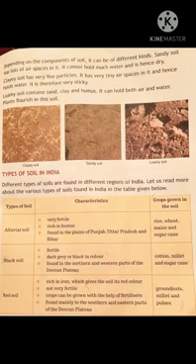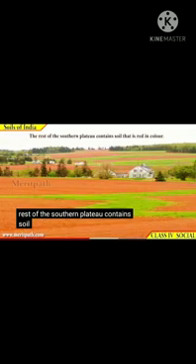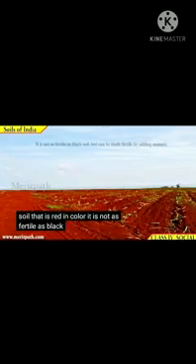Next, red soil. Red soil is rich in iron, which gives the soil its red color. It's red in color, students. Next, it is not very fertile.